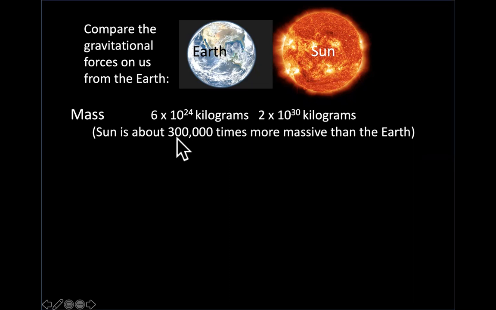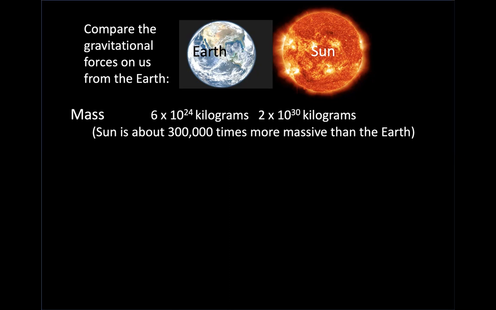So it works out that the sun is about 300,000 times more massive than the Earth. Now, this is one of the reasons I try to be specific when I'm comparing sizes. In terms of diameters, distances across the body, the sun is only about 100 times bigger than the Earth. But in terms of mass, which is relevant for motions, the difference is about a factor of 300,000.